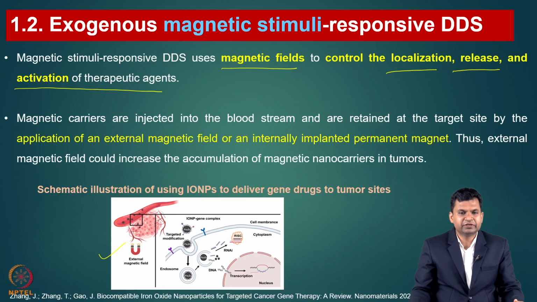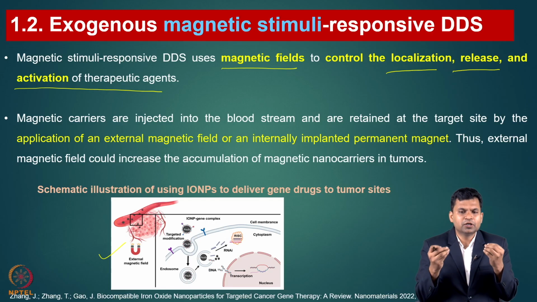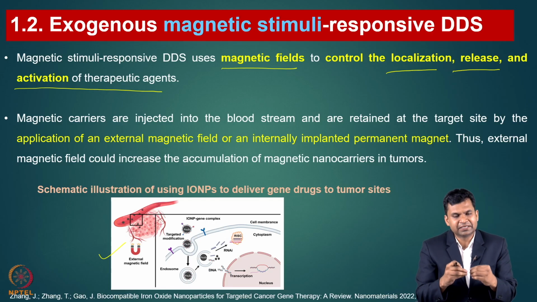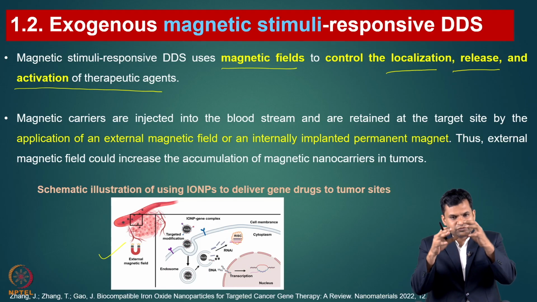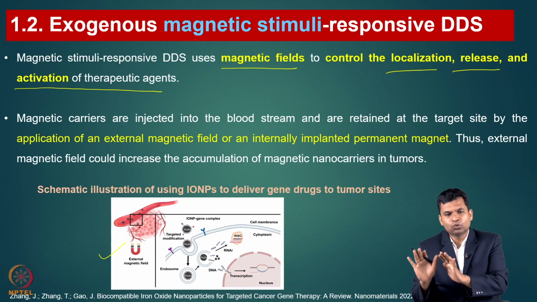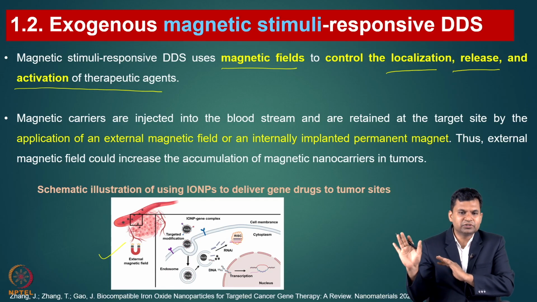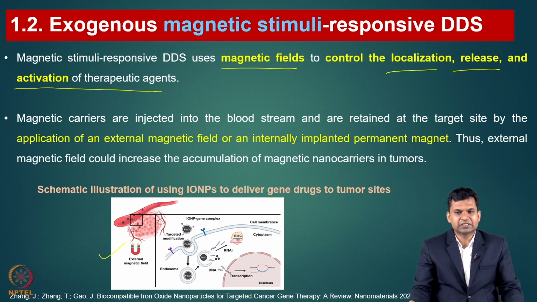After that, we need to apply a magnetic field on the cancer target. Otherwise, you can put the implant permanently at that breast cancer site. So, your nanosystem will circulate throughout the body, but it will reach the particular breast cancer cells. That is one of the advantages of the magnetic stimuli nanosystems.